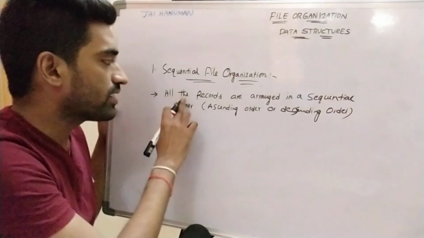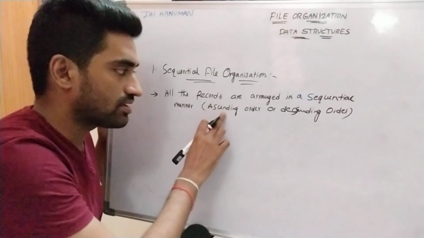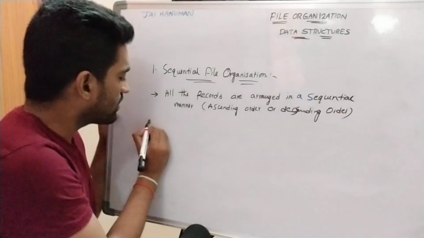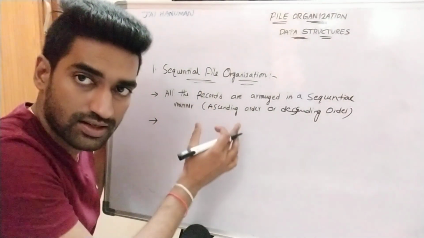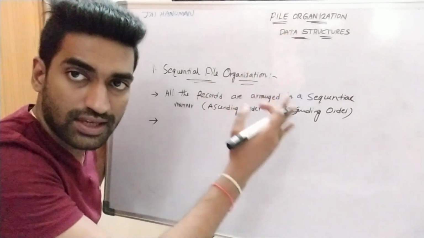So in sequential file organization, all the records are arranged in a sequential manner, either ascending order or descending order, right? And searching of a record starts from the starting of a file.